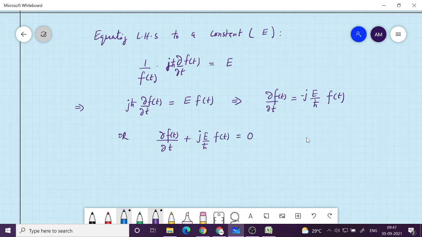So this is a very familiar differential equation. Here we have a constant. So the derivative of a function with respect to time, you can now write not as a partial derivative but as a full derivative, because it's only one variable. So d by dt of f of t plus, so probably you know the solution to this.